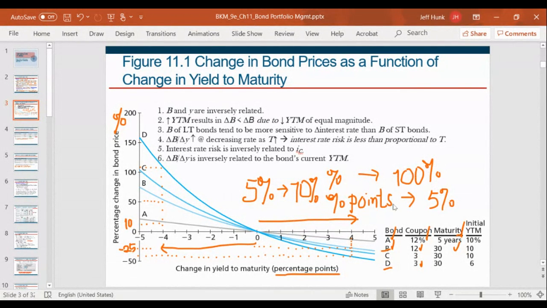Think about it. If the return on your investment was 5%, right?